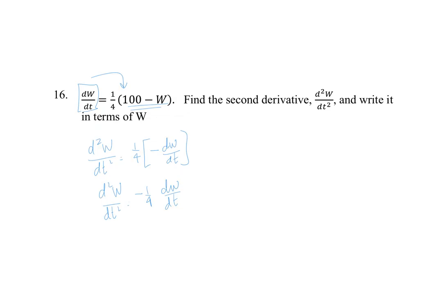But since the directions say write it in terms of w, I need to make a substitution. Since dw dt equals all of this, I'm going to change all of that. So now I'm going to have negative 1/4 times 1/4 times 100 minus w, which simplifies to negative 1/16 times 100 minus w. That's it.